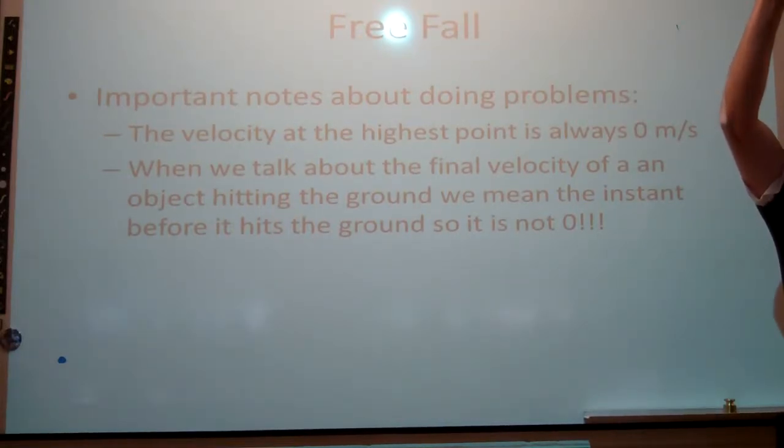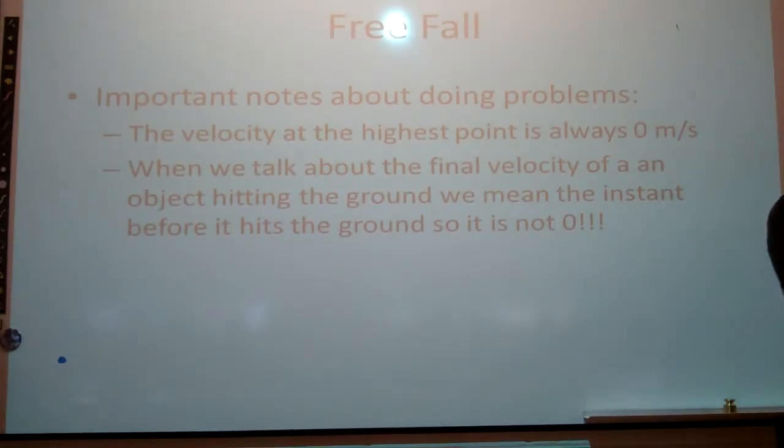It would stay there. Obviously not what happens. It'd be kind of cool if it did. But so the velocity is 0 at the highest point. The acceleration is not 0. What's the acceleration going to be? Negative 9.8 meters per second squared. And why is that negative, that 9.8 meters per second squared? Because it's going down. Gravity always pulls down toward the earth, so that's why I make it negative.